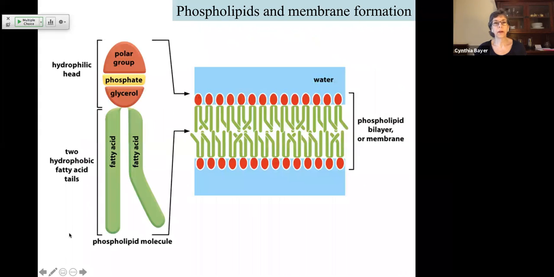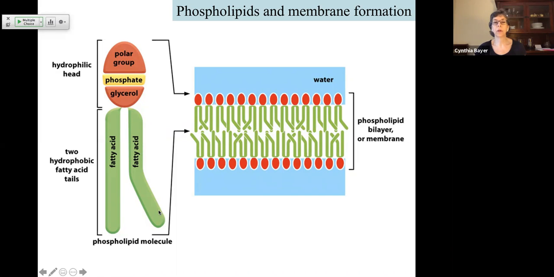So if we look at our phospholipid in a little bit more detail, remind ourselves, we talked about it in an earlier chapter. Our glycerol, 3-carbon glycerol, 2 of the carbons of that glycerol are bound to fatty acids. These are these hydrocarbon chains. Usually, and there are different types of phospholipids, but most of the time, one of those fatty acids is a saturated fatty acid, and the other fatty acid is a cis unsaturated fatty acid. So it has that little kink in it.